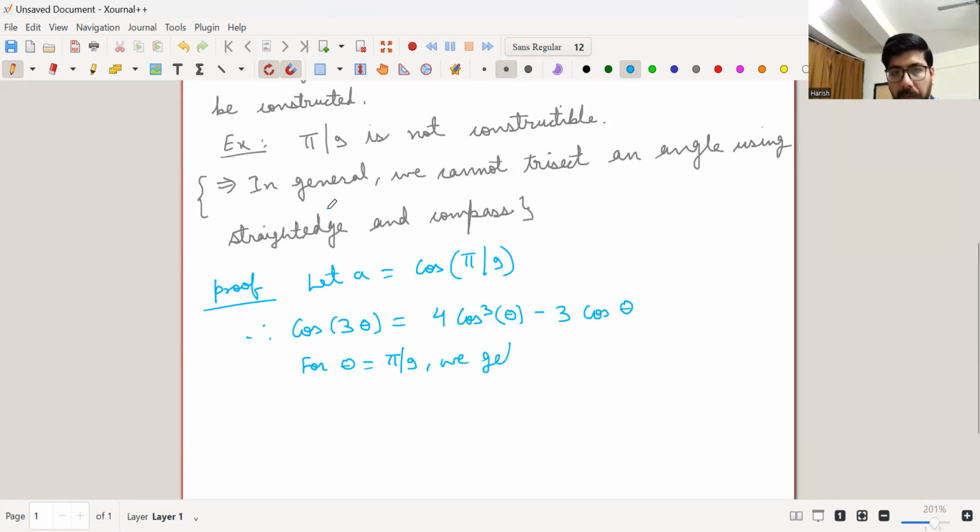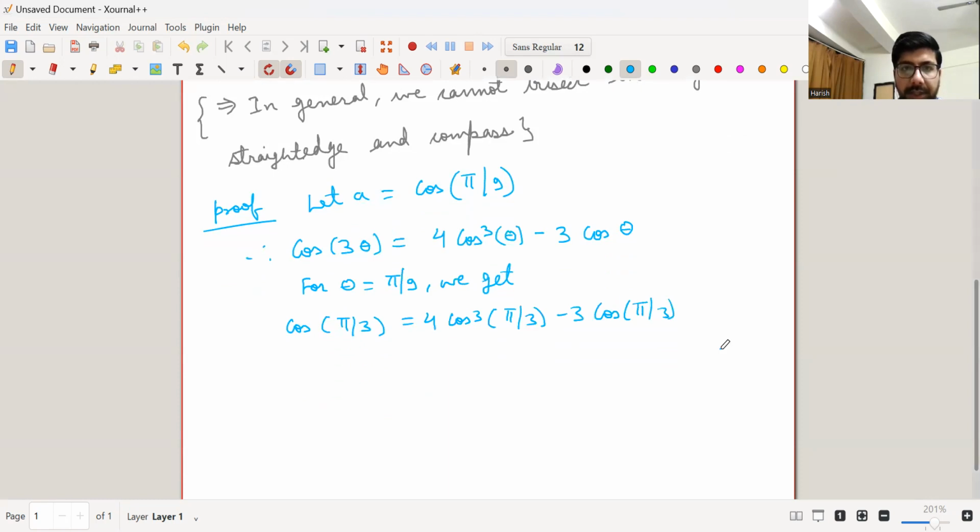We get cos pi by 3 is equal to 4 cos cube pi by 3 minus 3 cos pi by 3. Okay.